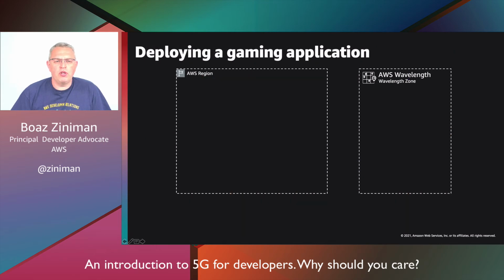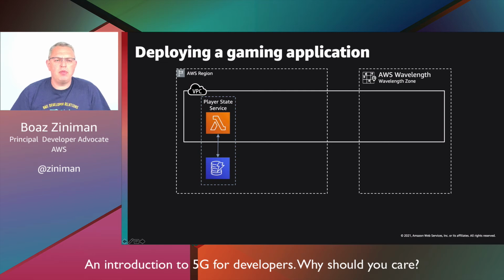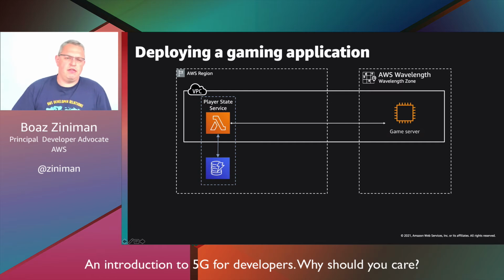One example is deploying a gaming application inside a wavelength zone. As I said before, it's basically one VPC extended across the region and the wavelength zone. Then I'm deploying the portion of the application that sits in the region, my backend if you like to call it that way, in this case the player state services, and then I deploy my game server into the VPC, and it will connect, in this case through Lambda, with my player state service and get all the data on the player.